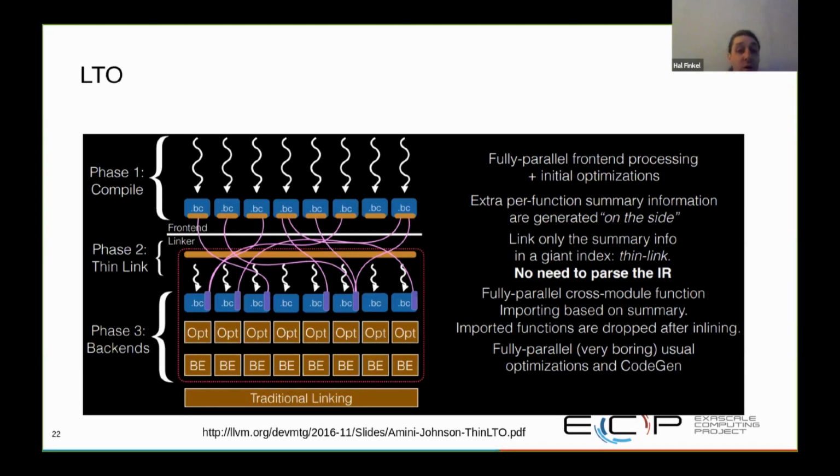But because all of the initial files have already been generated, and because of this lightweight indexing step, it's possible for the compilation of each file to take advantage of information in the other source files. It can load them for inlining, it can read function attributes, and so on. And so this is very important because it allows for a scalable link time optimization, and you get extra performance this way. You can enable vectorization, you can do all sorts of stuff, and that's very important.